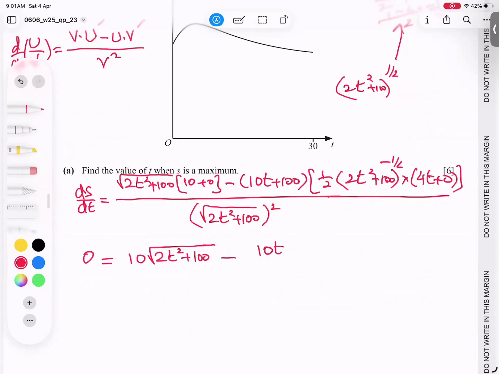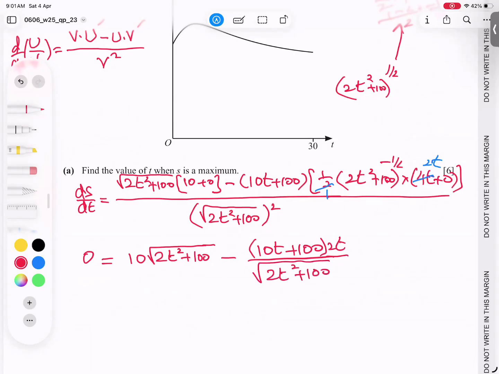Again the same, 10t plus 100. But this is negative. First of all, this 2 and 4 cancel out. 2 ones are 2, 2 twos are 2t left. Then this 2t will stay with this in the numerator. So I'm writing here 2t. And this whole thing with negative half will go in the denominator, become positive half, and half is called root.